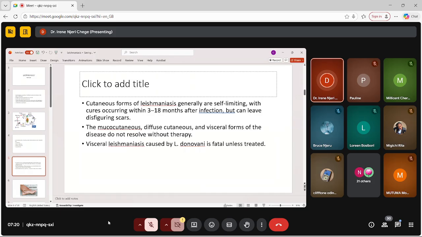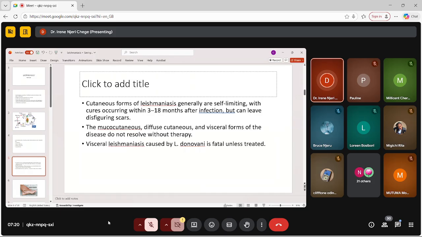So we say they may not require any treatment, but they can leave disfiguring scars. They are caused by species like Leishmania major, Leishmania tropica, Leishmania aethiopica, Leishmania mexicana. Remember I said there are many species, about 20 species.